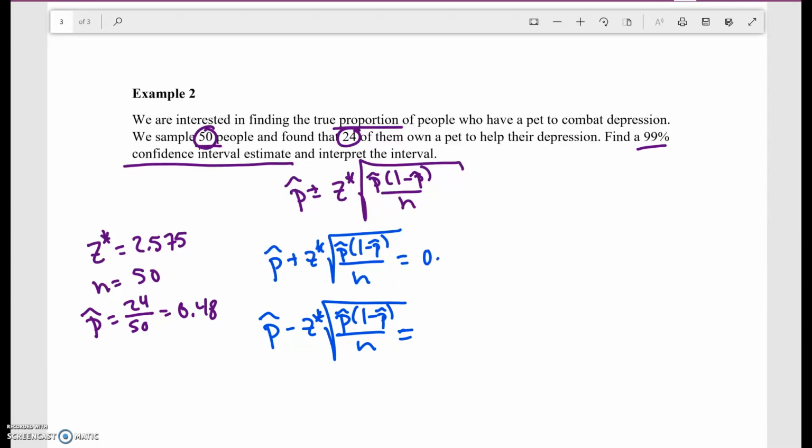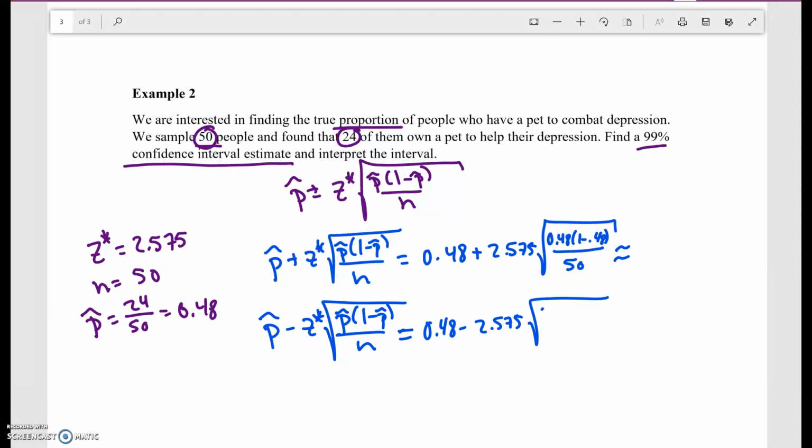So we have 0.48 plus z star, which is 2.575, square root of 0.48, 1 minus 0.48 divided by n, and in this case n is 50. And then here I'm going to have 0.48 minus 2.575 square root of 0.48, 1 minus 0.48 divided by 50.